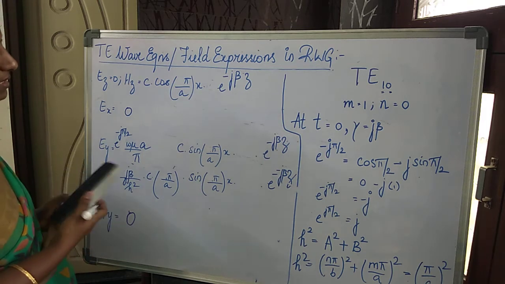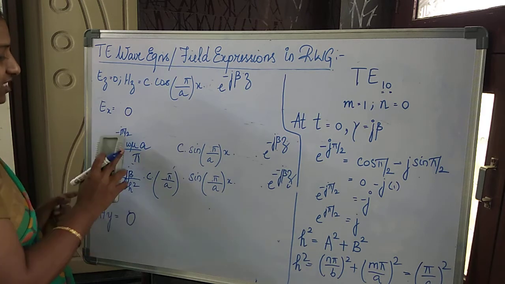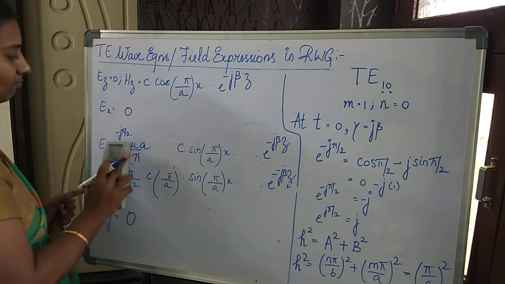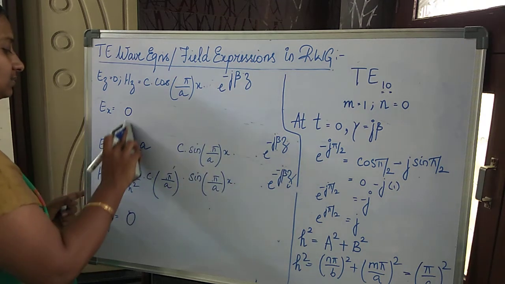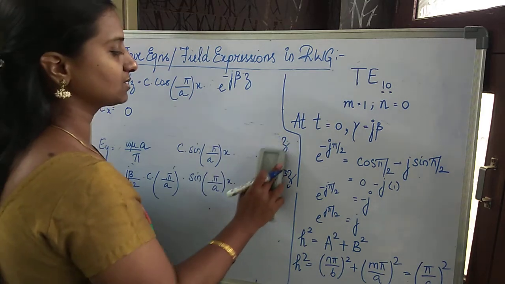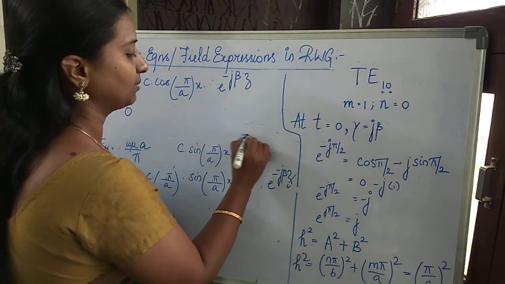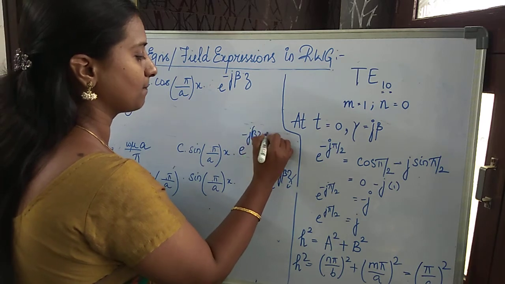So after reducing this, still we can combine the exponential term. So this e power minus j pi by 2, if I am bringing it here, it becomes e power minus j beta z plus pi by 2.